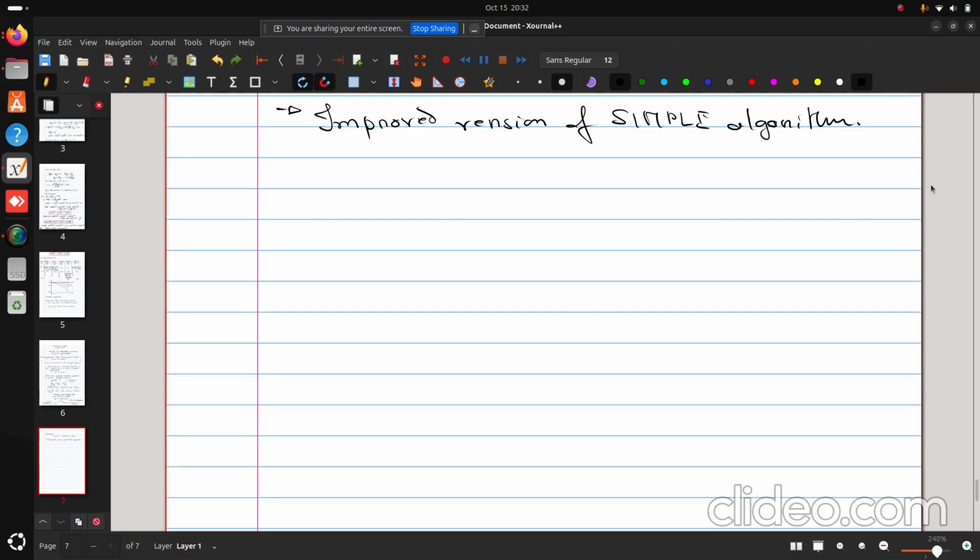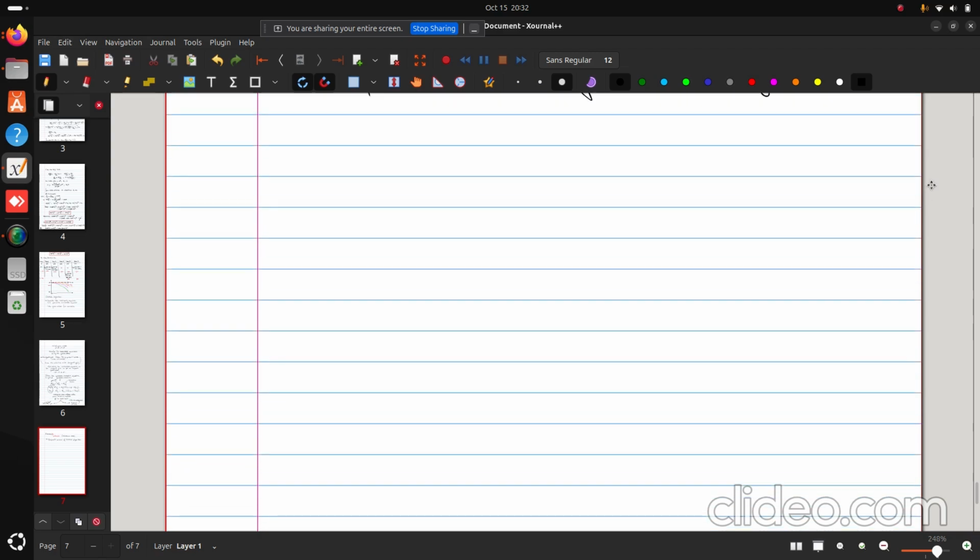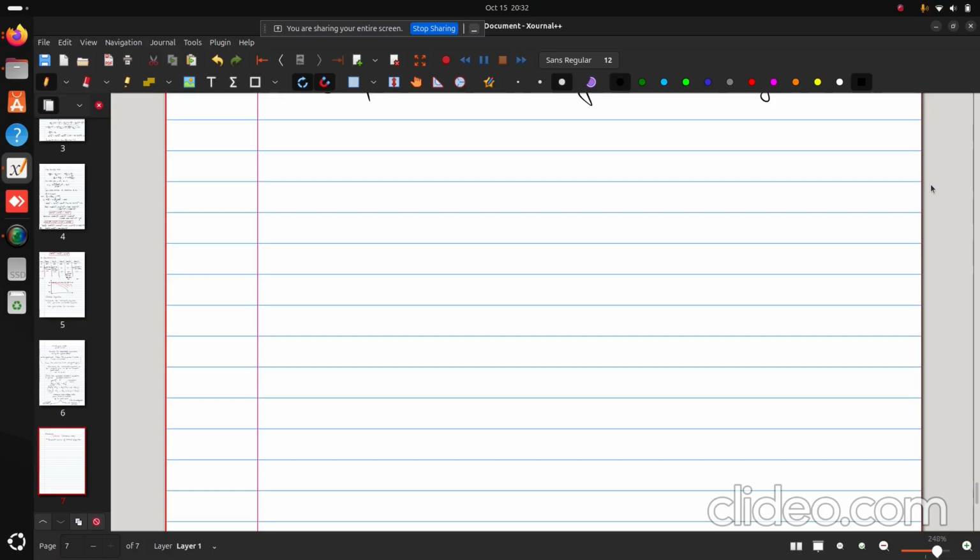So the discretized momentum equation, let me write it down.